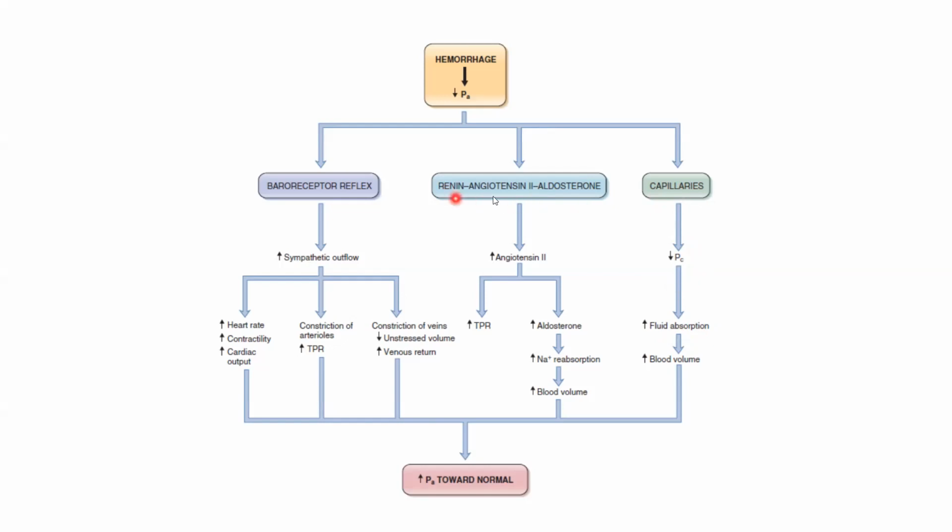Moving on to the renin-angiotensin vasoconstrictor event, this is supposed to increase TPR, and if you put in the aldosterone bit, it is supposed to lead to sodium reabsorption, which then would lead to increased blood volume. And all of this is geared towards improving the blood pressure.